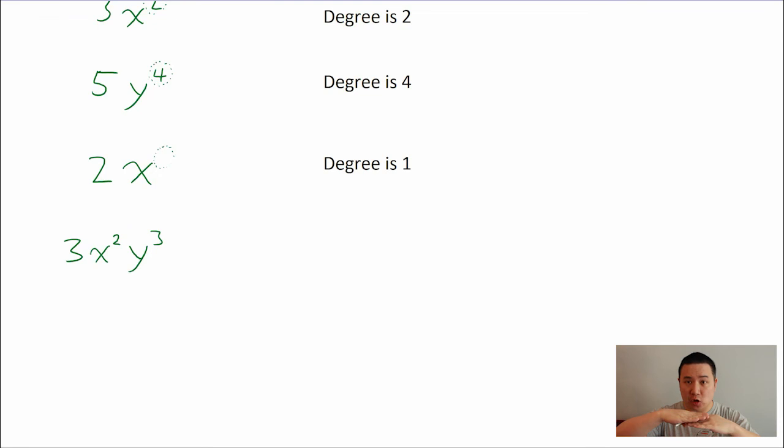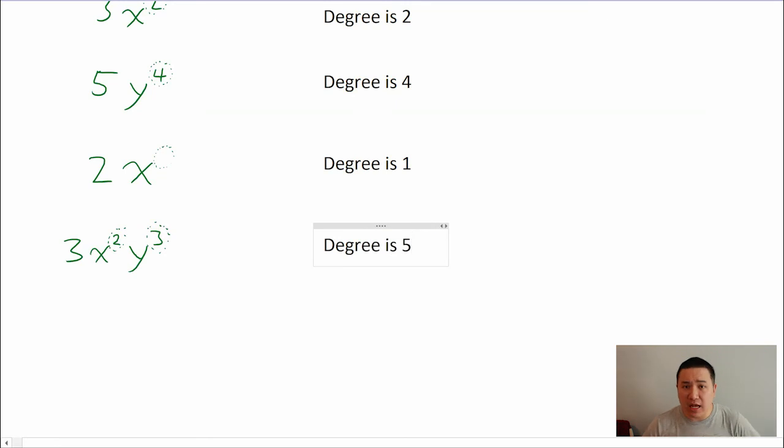Then we have y cubed, so that means there's a y and a y and another y. So how many layers do we have here? Well, we've got the 2 here, and we've got the 3 here. So how many variables do we have stacked up on top of each other? We have 5, and we can just add these exponents together. We can say that the degree is 5. That's how complicated this one term is. There are 5 variables stacked up on top of one another.